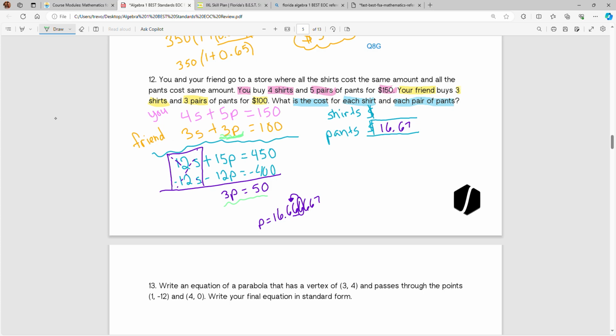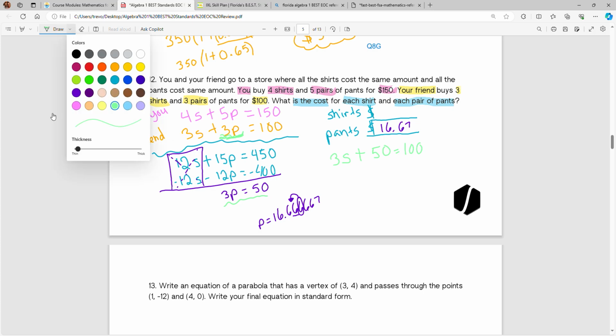So I'm going to use my friend's equation and say 3s plus, instead of 3p, I'm just going to write 50 equals 100. And now I can solve for S to find out how much each shirt costs.